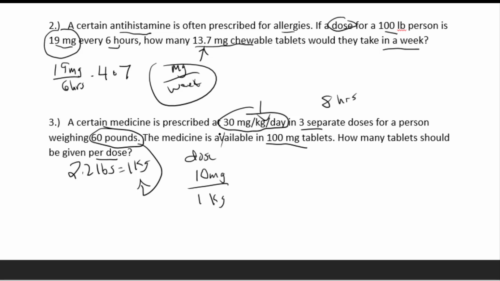Because it's 30 for a day, so it's going to be 10 for every 1. So how many milligrams are you going to get for whatever their weight is in kilograms? Convert here to kilograms. And then you know how many milligrams they're getting in a dose. And each tablet is 100 milligrams, so the question is how many tablets?